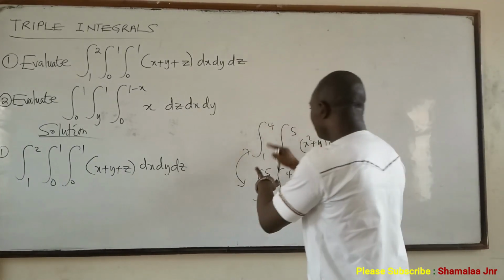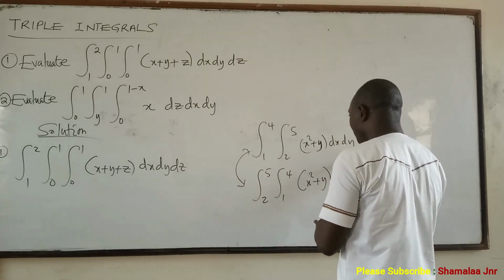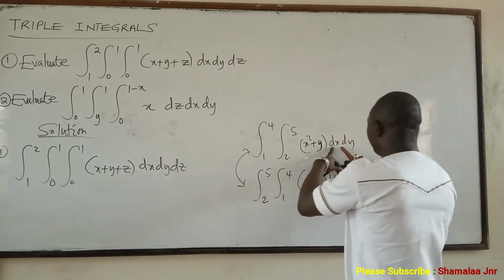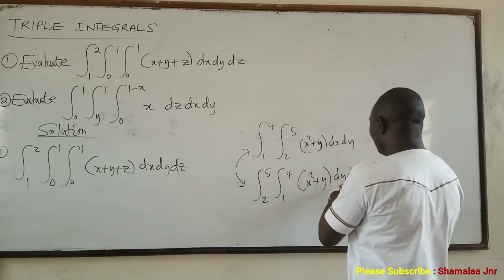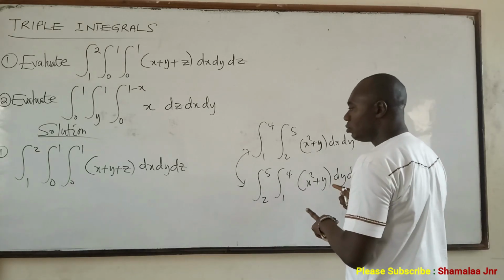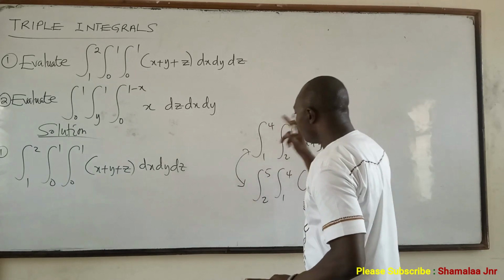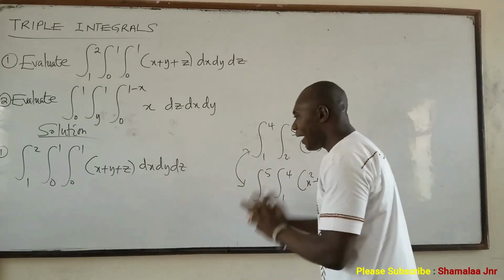You see, integral from 1 to 4, 2 to 5 of this dx dy. If I bring this one first, then I have to reverse the dx dy to make it dy dx. This is true only when all the limits of integration are constants.